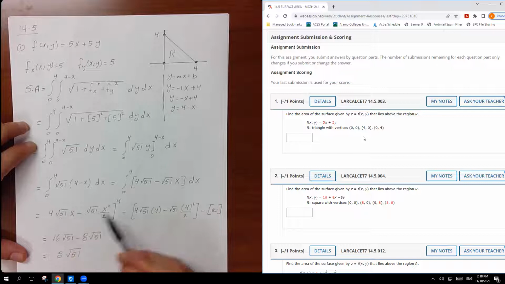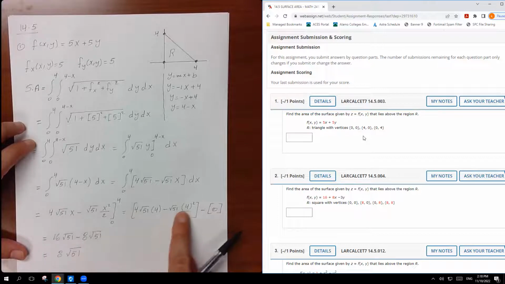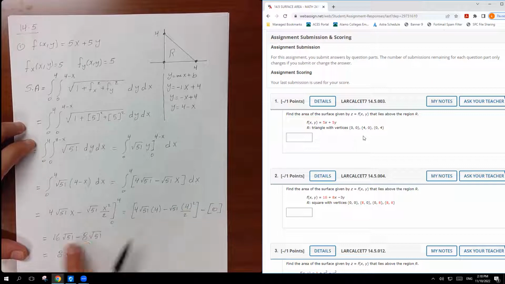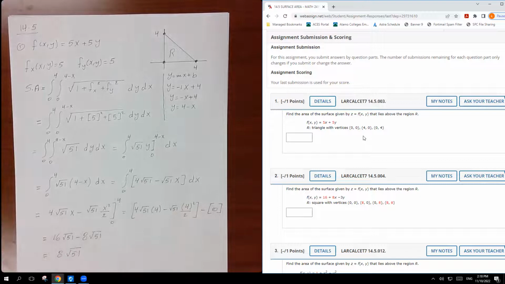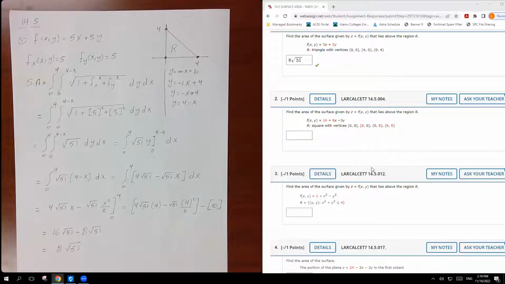Because when you plug in 0 here, everything cancels, so that one is going to be 0. 4 times 4 is 16. 4 squared is 16, divided by 2 is going to be 8. 16 minus 8 is going to be 8 square root of 51. So we're going to type here 8 square root of 51. You got it right. Let's go to example 2.